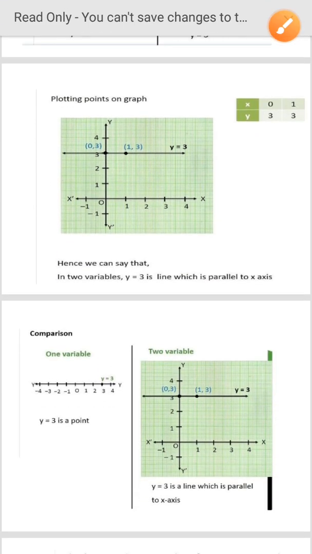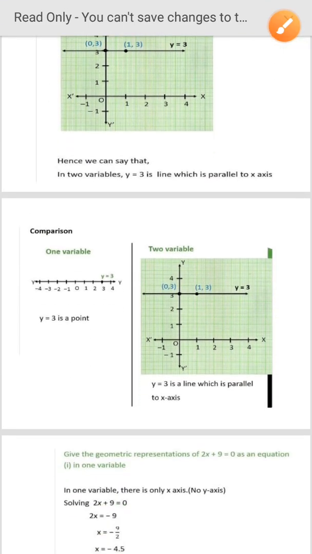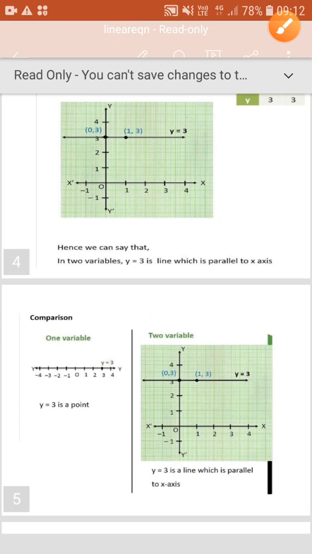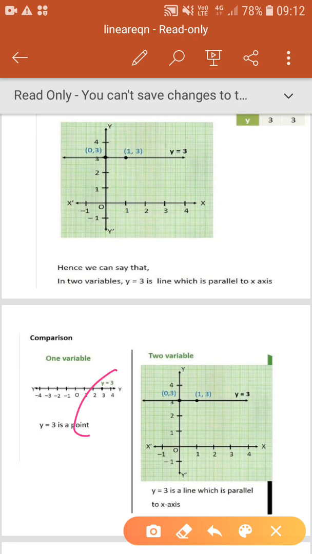Now moving on, we can compare it also: when we were representing it in one variable, it was a point, and when we represent it in two variables, it's a straight line parallel to the x-axis.